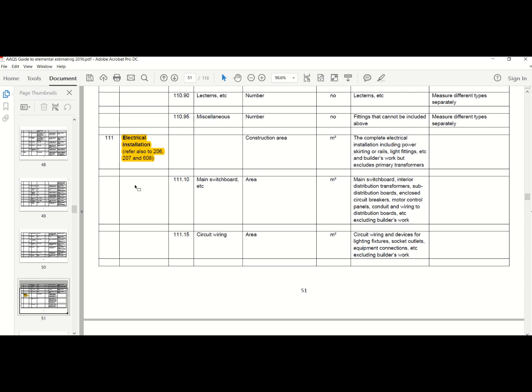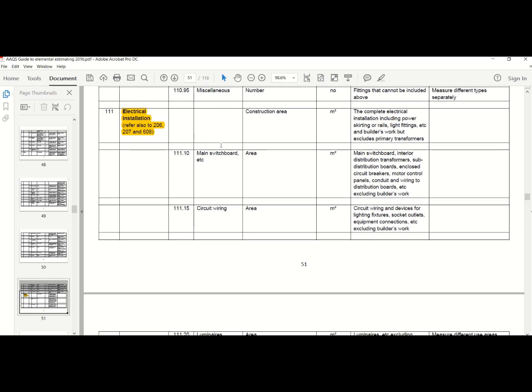Usually in this case, if you do struggle with this, the default would be to use a square meter rate. So you would take your BOQ.